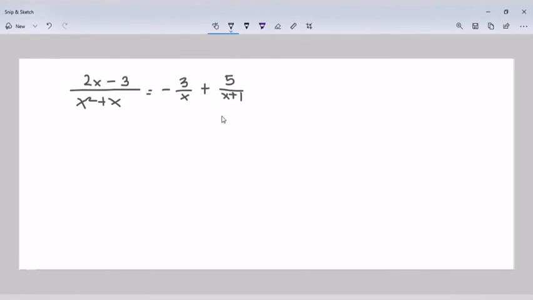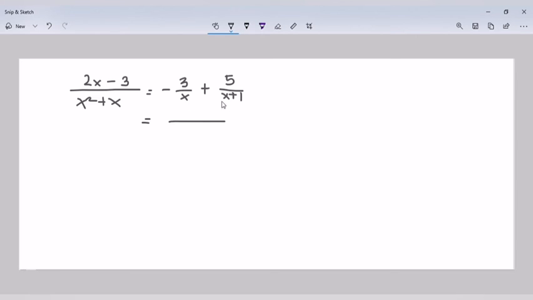Now the question is, how would we know if we came up with the right fraction? We can check it just by adding the fractions. To add the fractions, let us find the LCD, which is x squared plus x.